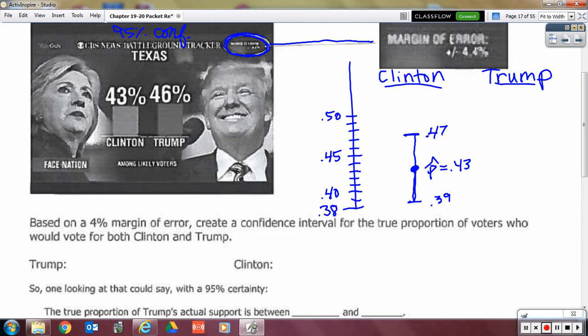Okay, I want you to do Trump's right now. Draw Trump's interval on here beside it. Yep. The margin of error is 4 percentage points. I'm pretty sure 0.46 minus 0.04 is 0.42.